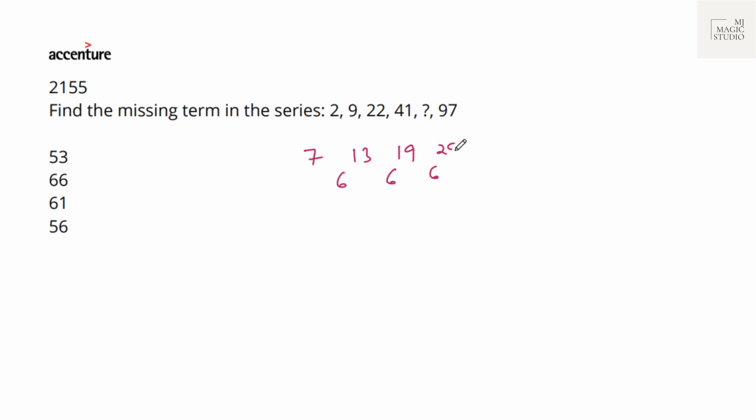That means 19 plus 6 is 25. The missing number should be 41 plus 25, that is 66. Now 25 plus 6 is 31. 97 minus 31 is 66, or 66 plus 31 is 97. It's matching. 66, option B is the correct pick.